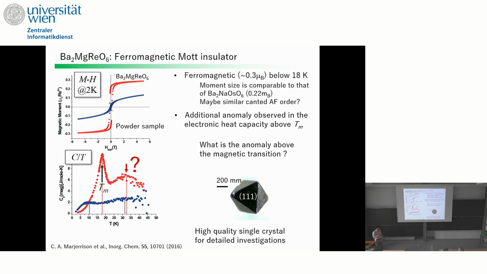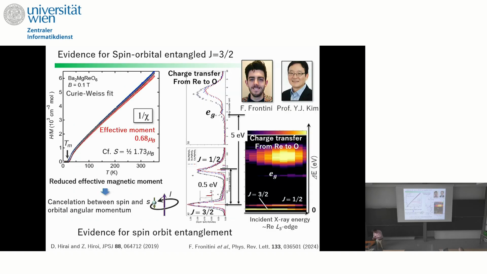It's very difficult to grow single crystals of double perovskite, but finally I grew a small single crystal, and it's enough to detect quadrupole order. Let me start from the electronic state of this compound. The spin orbit entanglement in this compound can be seen in the magnetic susceptibility.